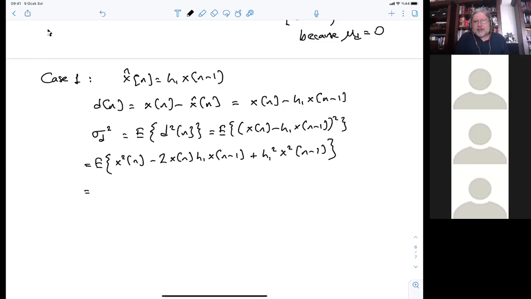And due to the linearity of the expectation operator, we can write each individual sum or difference inside the expectation.